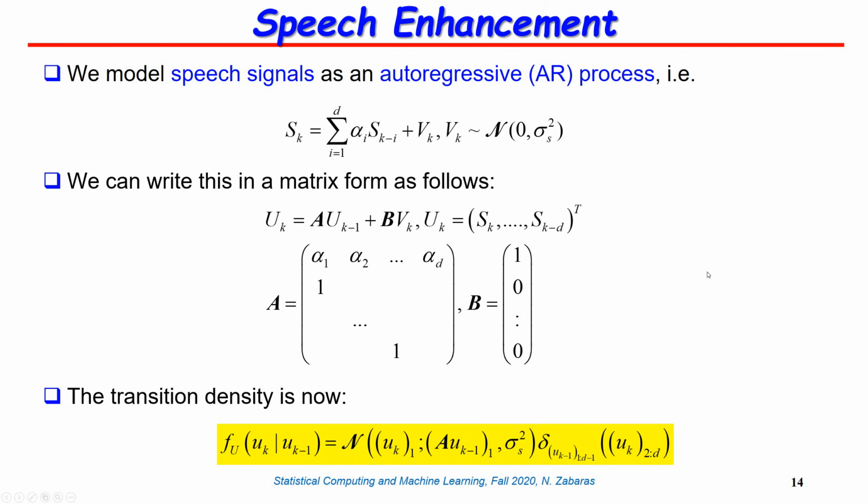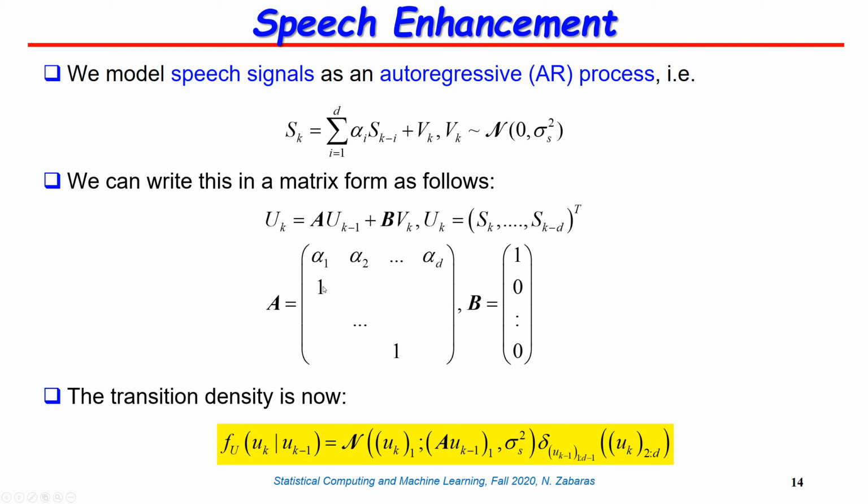So the transition density for this model going from u_{k-1} to u_k is again a Gaussian, and let's pay some attention first to what we have here. You notice that d minus 1 of these components do not change.